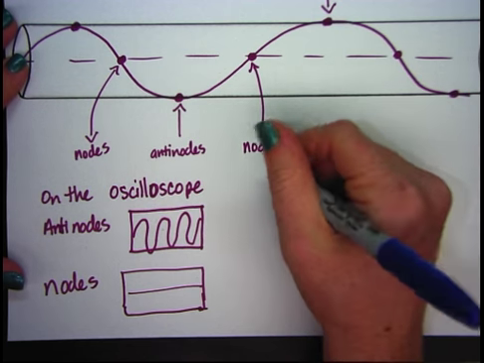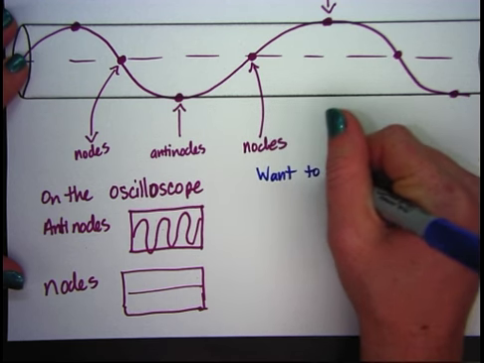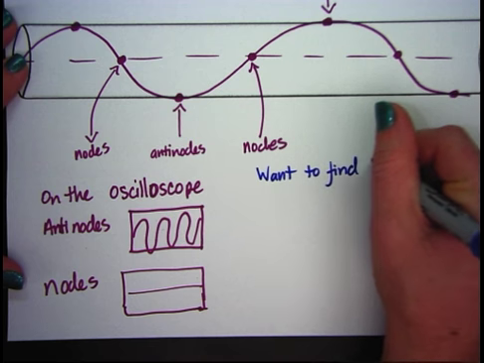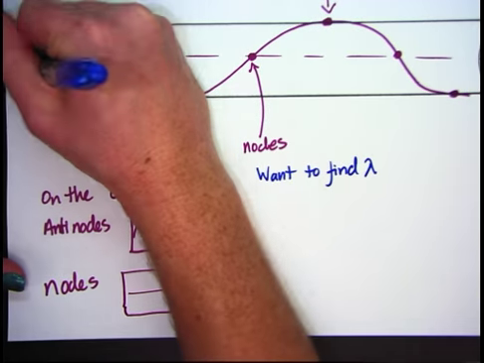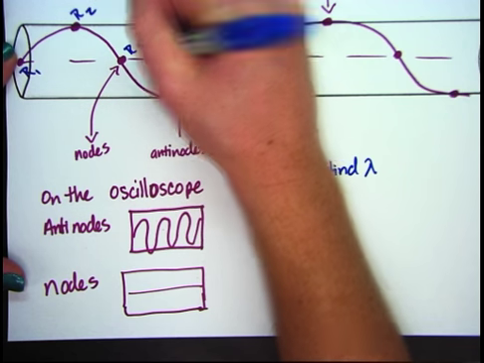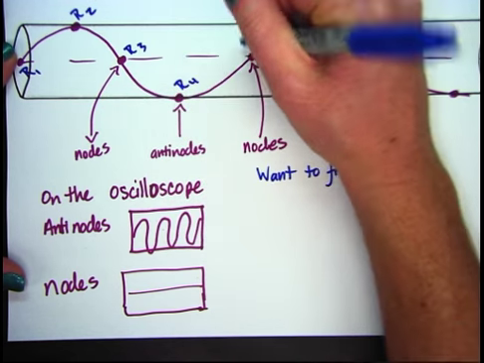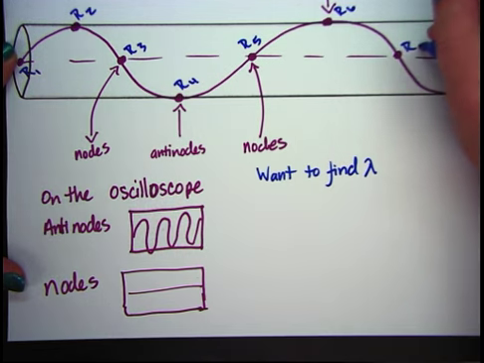So you're going to go ahead and start at the very beginning, closest to the speaker, and you're going to identify your first node. So what you're going to see on your oscilloscope is just a straight line. And from there, you're going to identify your first antinode, where you'll see a full sine wave.